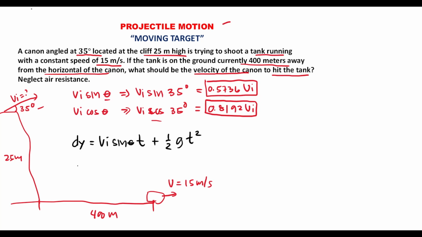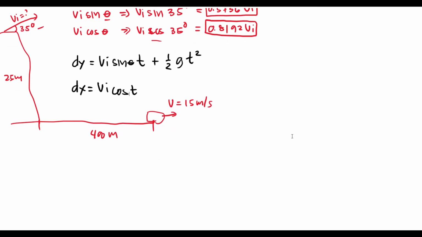Then the other formula, dx equals the initial velocity times cosine theta times the time. So using these two formulas to solve this problem, we can substitute all the values.